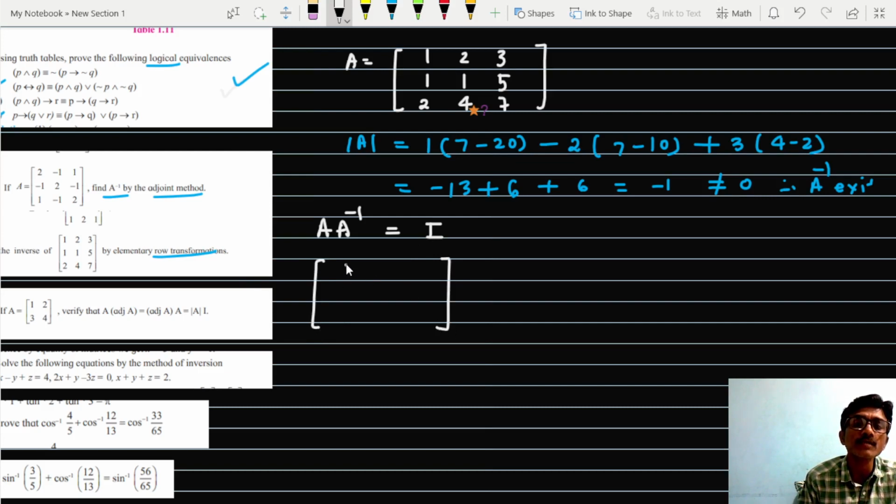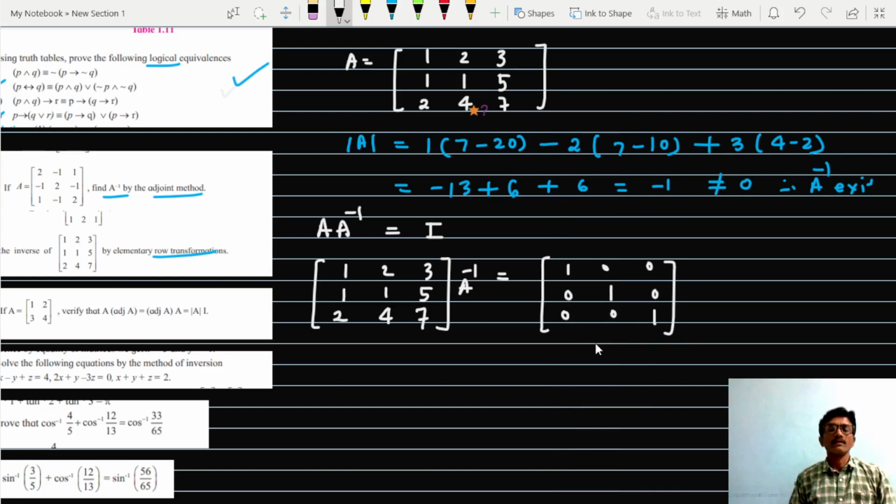What is our A matrix? 1 2 3 1 1 5 2 4 7. This is our matrix A into A inverse is equal to the identity matrix 1 0 0, 0 1 0, 0 0 1.